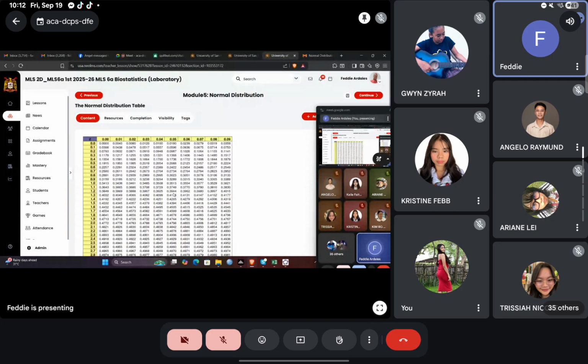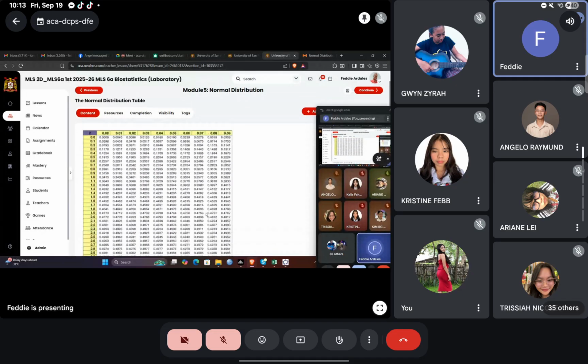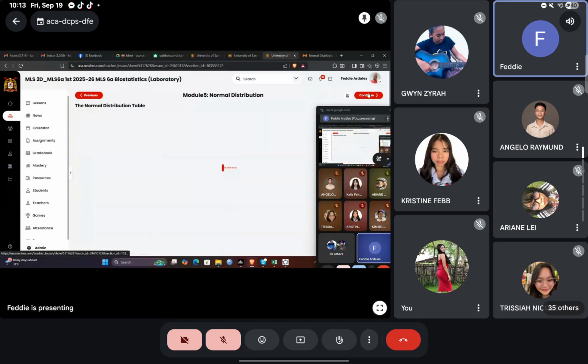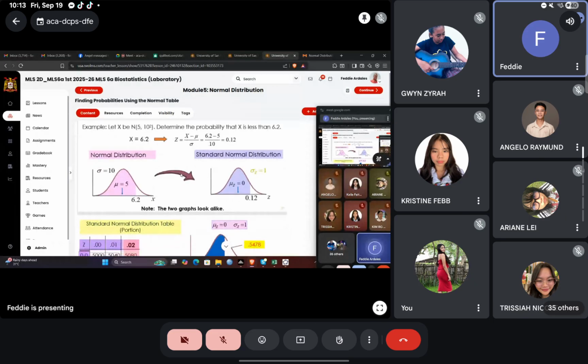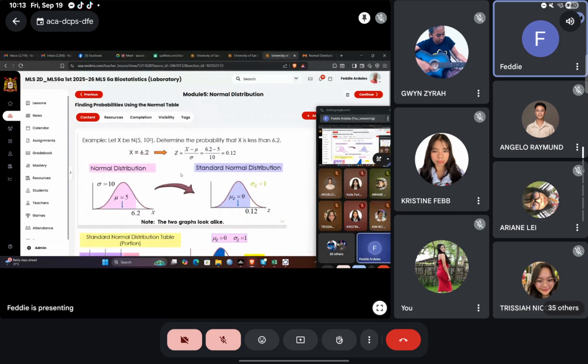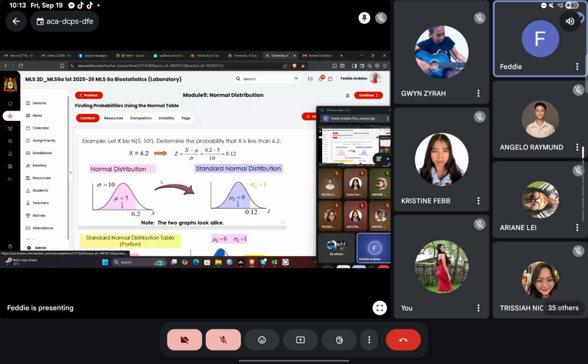Okay, so here we have your example: finding probabilities using the normal table. Let x be normally distributed with a mean of 5 and a standard deviation of 10.